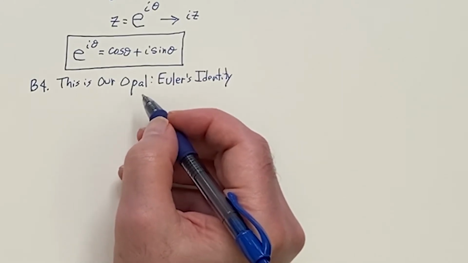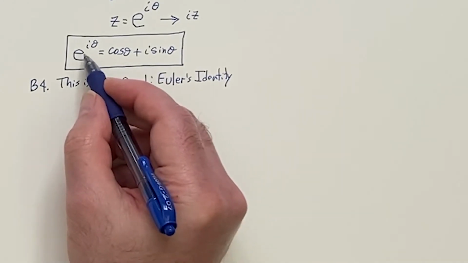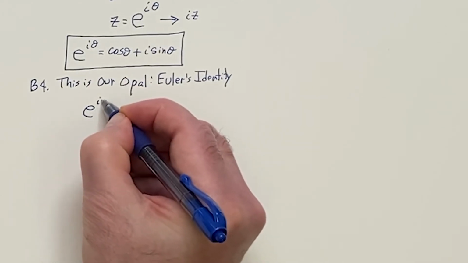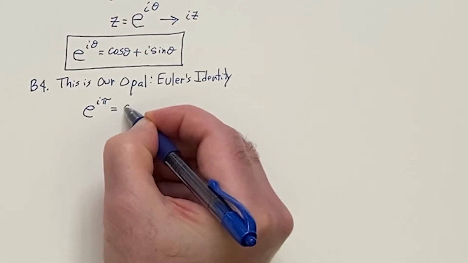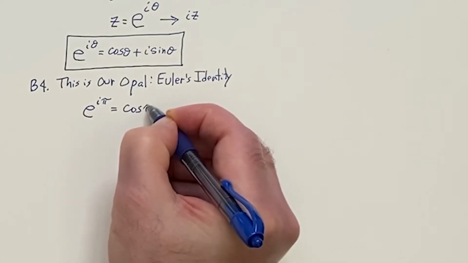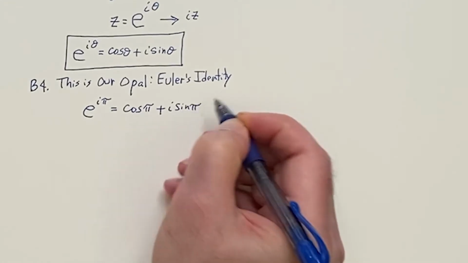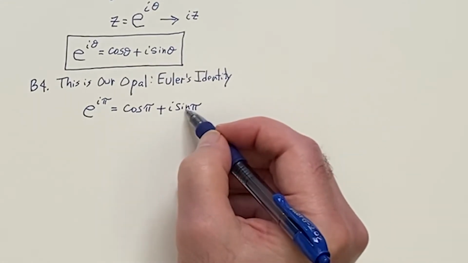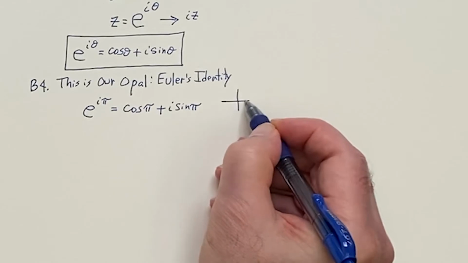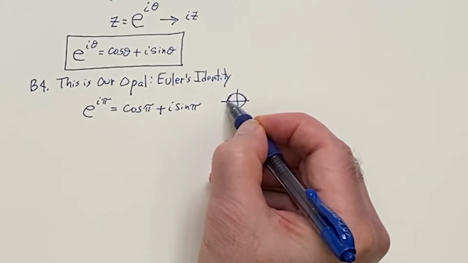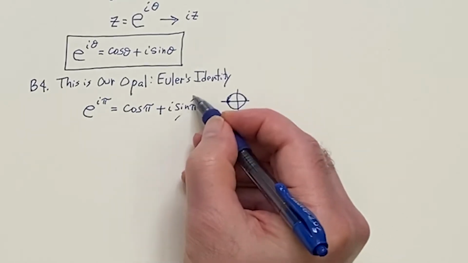So here, what you do is you put in pi for theta: e to the i pi is cosine of pi plus i times the sine of pi. Now the sine of pi, if you look at your circle, if you go pi, the sine is 0. So this is 0.